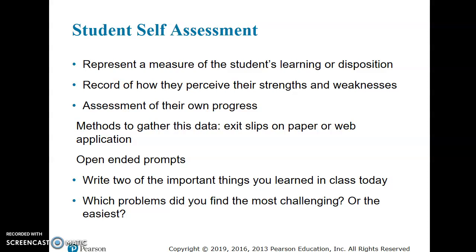What are your strengths in learning mathematics this week? How well do you think you understand the work you have been doing on fractions? Or what mathematical processes do you or don't you understand? Student self-assessment should not be the only measure of a student's learning or disposition, but rather a record of how the student perceives their abilities.